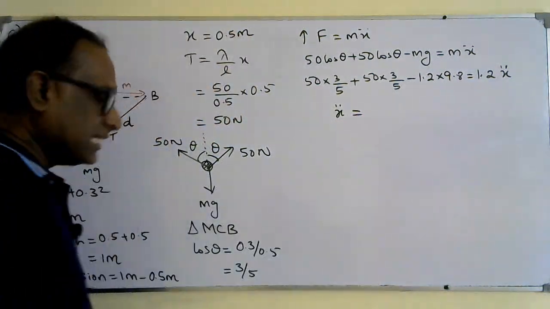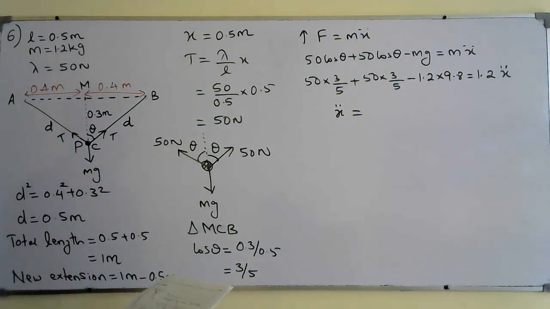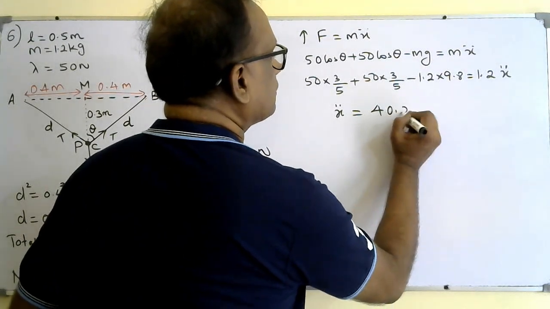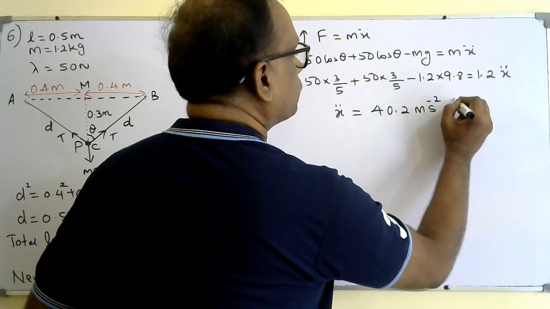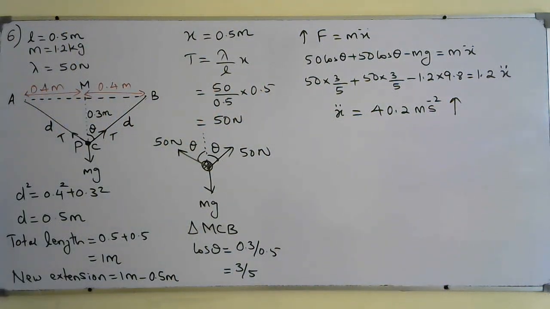That's the initial acceleration when it is released from C. So you will get 40.2 meters per second squared towards M. Okay, so this is the answer for B part, question number 6, B part.